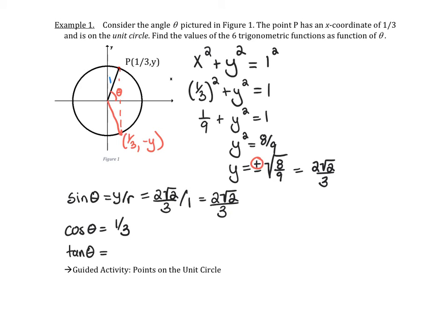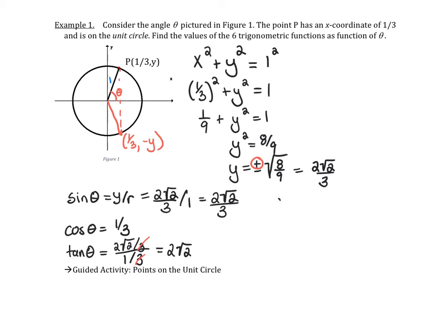The tangent of theta is the opposite, or the y, over the x. So I have the y over the x, and you can see that both denominators are 3, and I can just cancel, and I get 2 square root of 2.